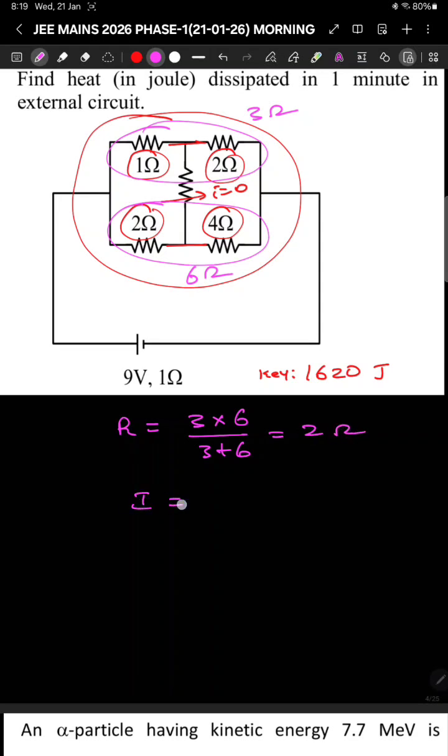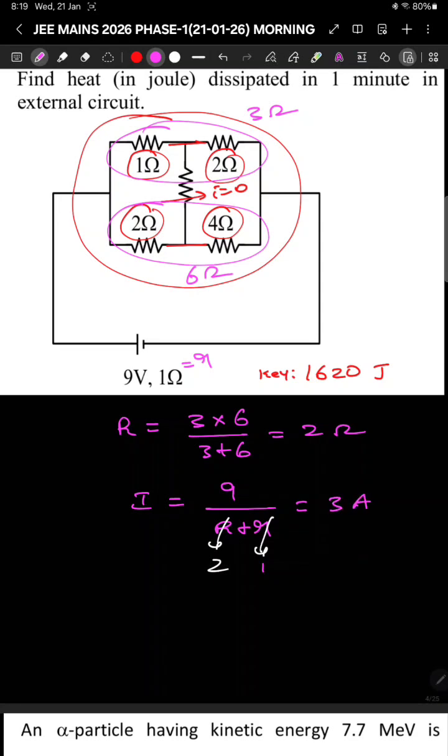Now in this closed loop, the current formula is total voltage 9 by total resistance R plus r, where the external resistance we got is 2 ohms and the internal resistance is nothing but 1 ohm. So here we got 9 by 3, which is 3 amps.